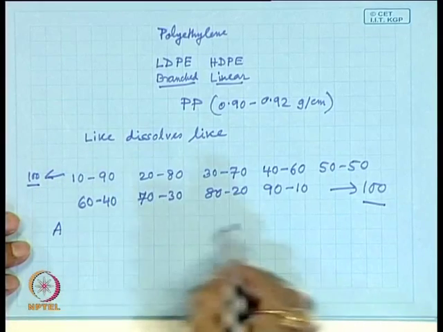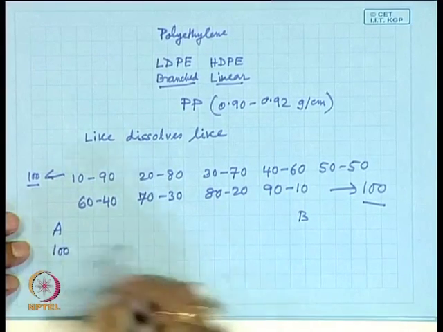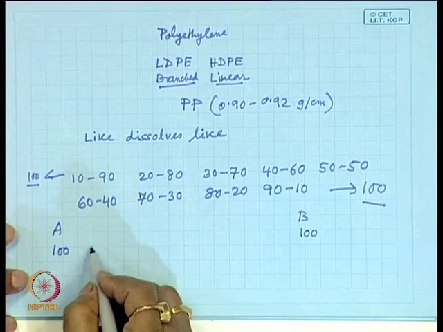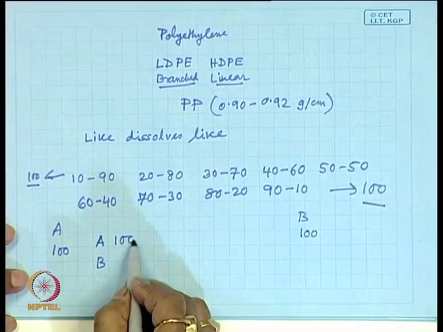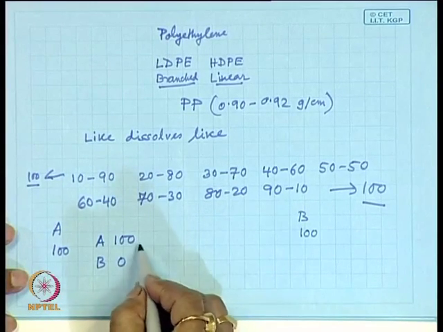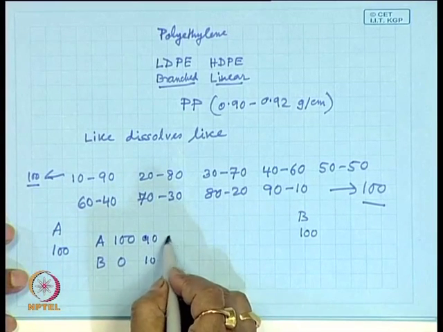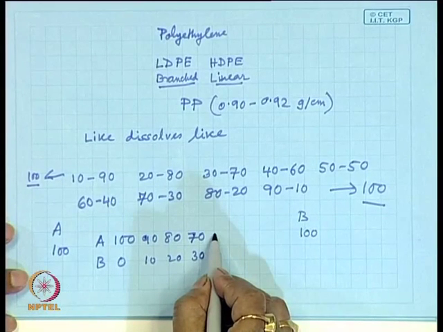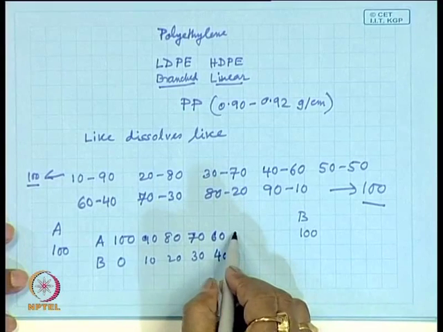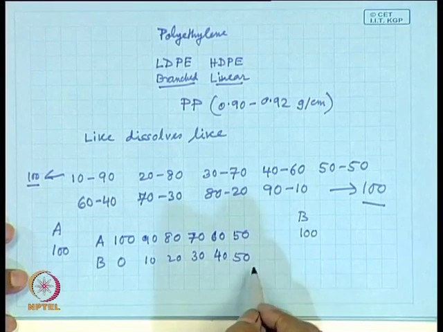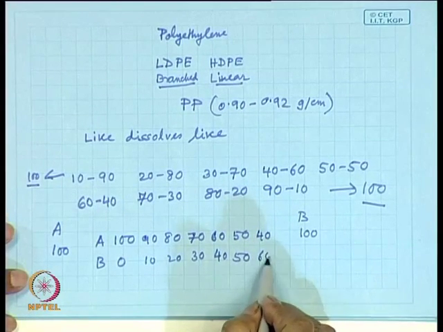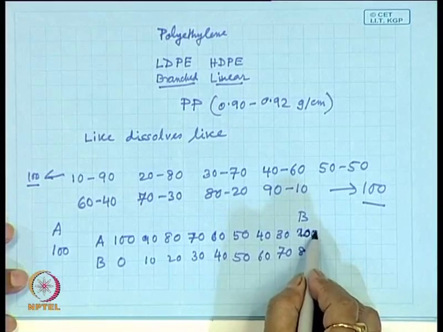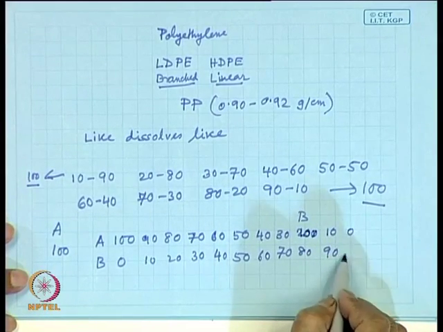That means, if you take A and B, here A is 100 and B is 0, like this way: 90 10, 80 20, 70 30, 60 40, 50 50, then 40 60, 30 70, 20 80, 10 90, 0 100.